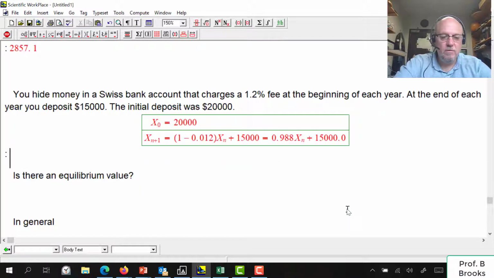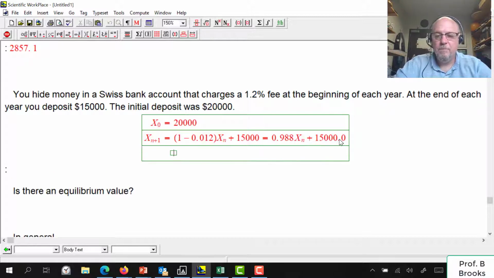Now I still get an equilibrium value. It's asking me here, is there an equilibrium value? Sure, we could find that equilibrium value. Here's our equation: plug in our value, multiply by 0.988, add 15,000, get the next value.